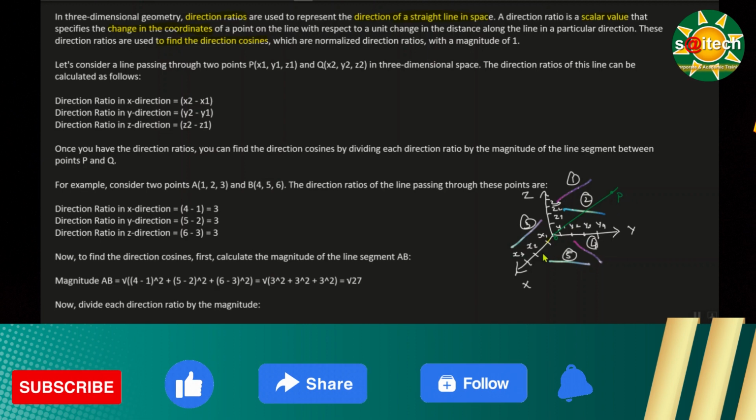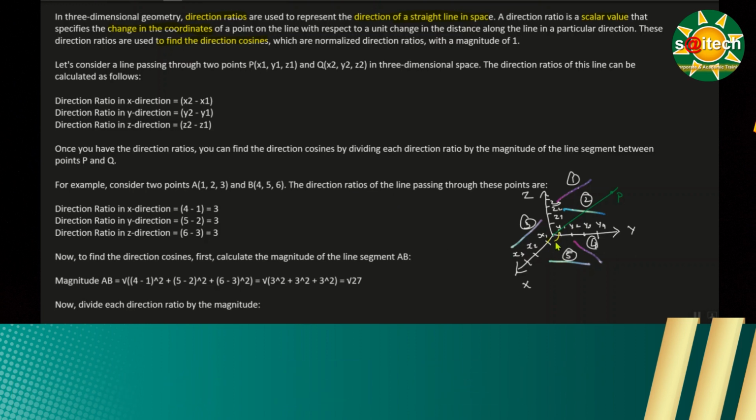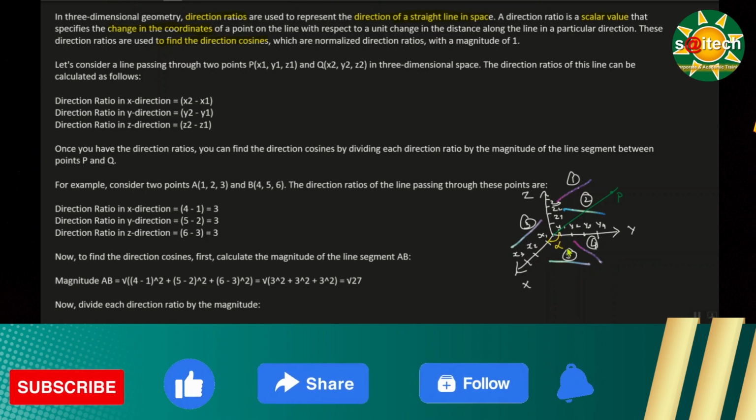So the angle between the x-axis and OP is called alpha. Are you able to follow this? So this is alpha. Let me indicate it by a yellow angle. This is alpha. And what about beta?